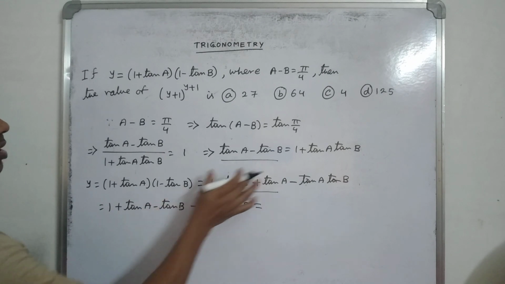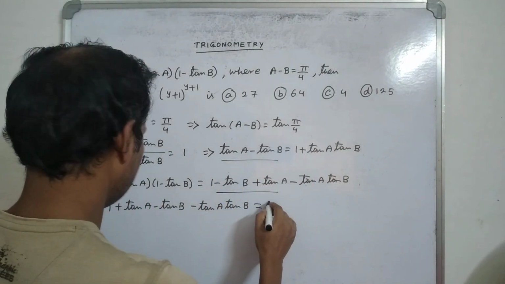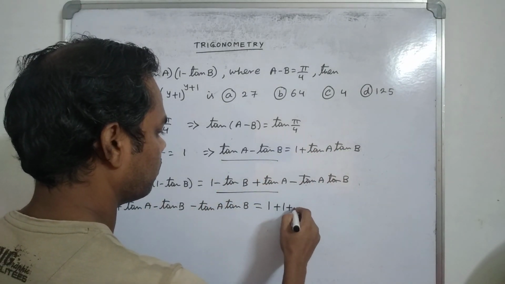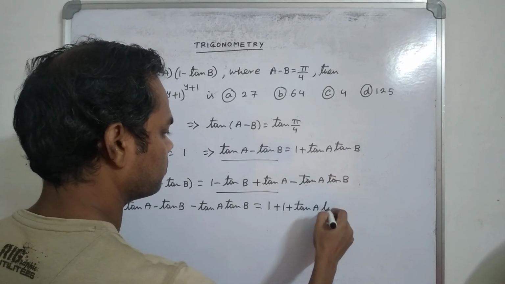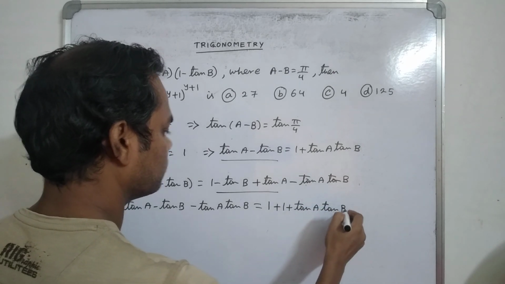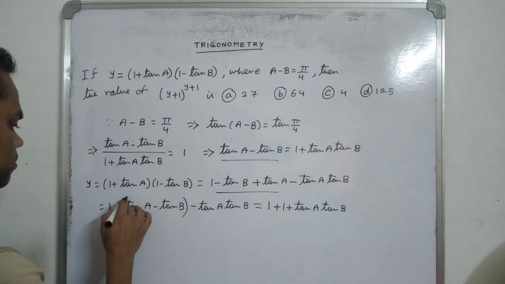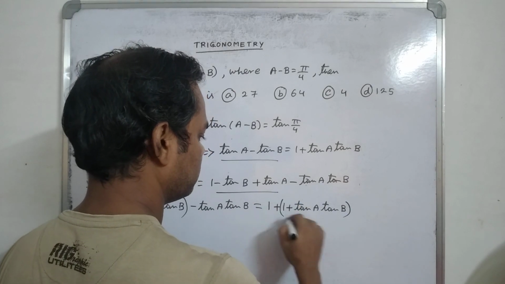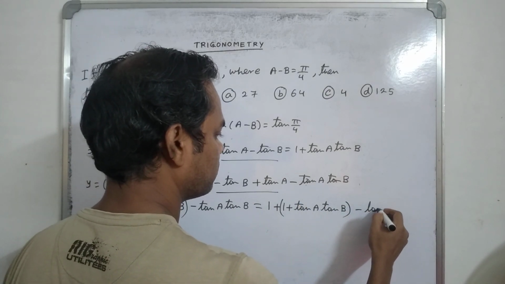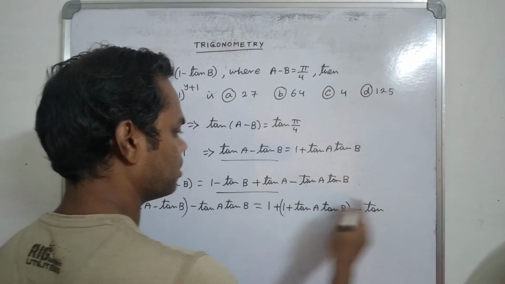Now tan a minus tan b is equal to 1 plus tan a tan b. By putting this 1 plus tan a tan b in the place of tan a minus tan b, and minus tan a tan b, this one is minus tan a tan b.